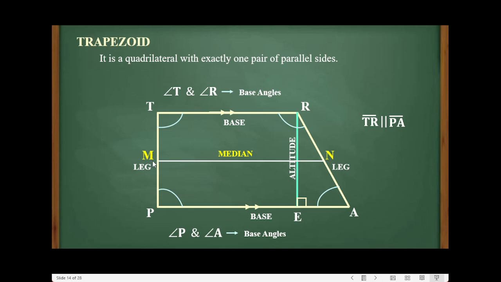Because points M and N are midpoints of their respective sides. The midpoint of one leg is point M and the midpoint of the other leg is point N. Connecting these two midpoints by a segment, named segment MN, we call it the median.